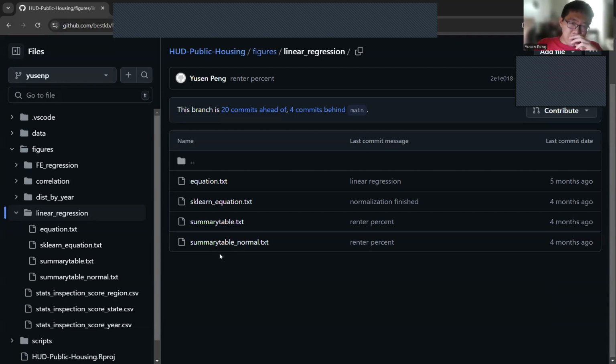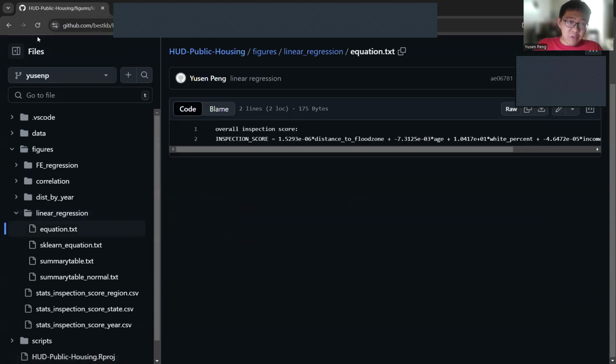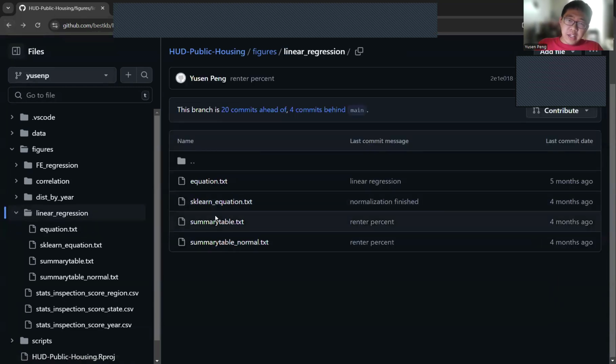But then I figured out that sklearn only derives the equation itself. It doesn't give you any statistical significance about each individual feature or independent variable. It gives nothing but the equation, so it's not that helpful.